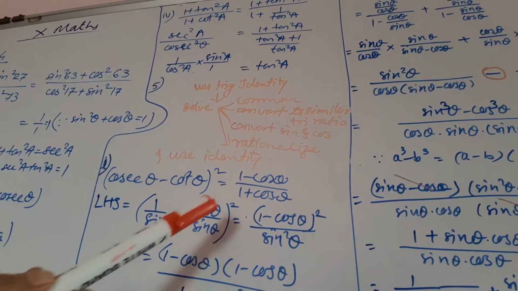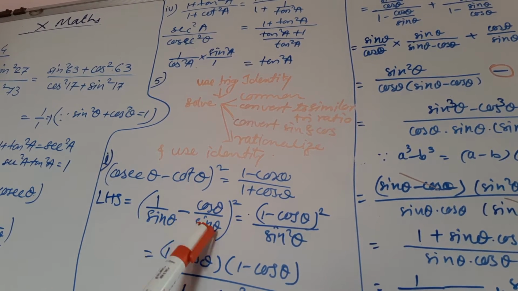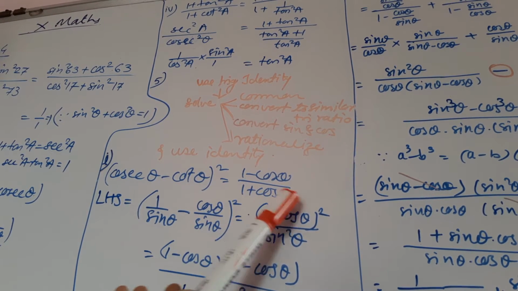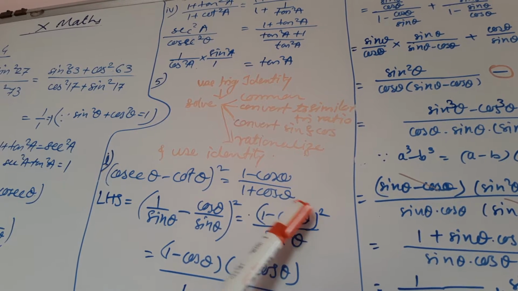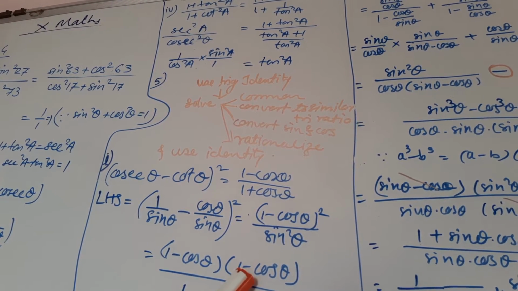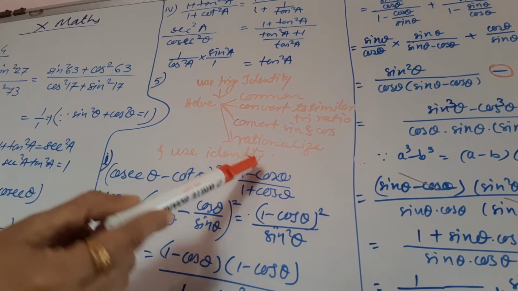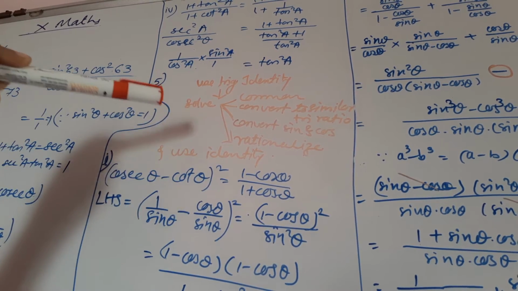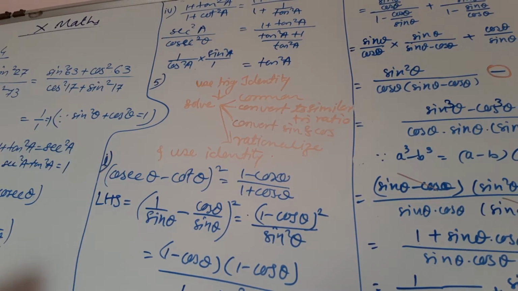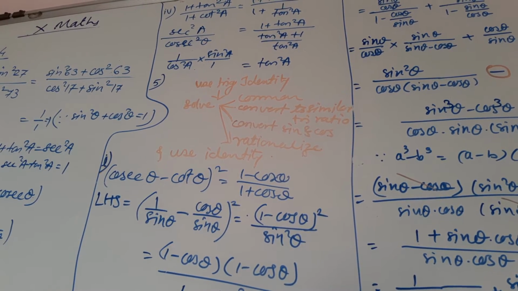Now we get the same denominator, sine square theta, and (1 minus cos theta) whole square. 1 minus cos theta whole square means 1 minus cos theta into 1 minus cos theta. Further we could expand the square, but it is of no use because the numerator asked for is 1 minus cos theta. So we go like this, 1 minus cos theta into 1 minus cos theta.